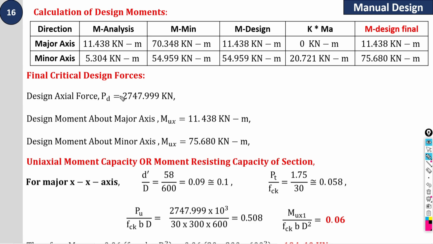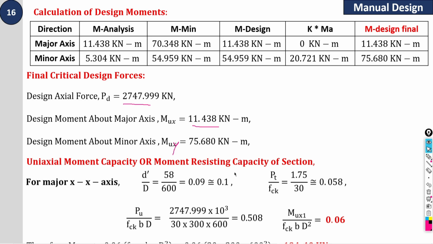Right? Now finally, the overall study result is that axial load as designed is 2747.999, moment as MUX 11.438, moment about MUY, it should be Y, sorry, 75.68. Now finally the uniaxial moment capacity.